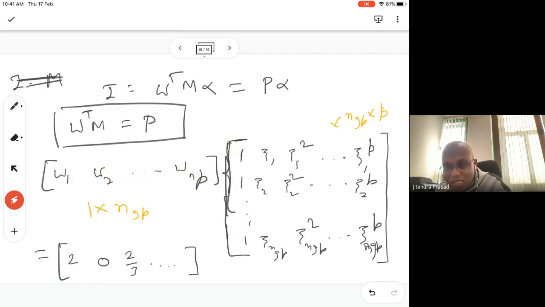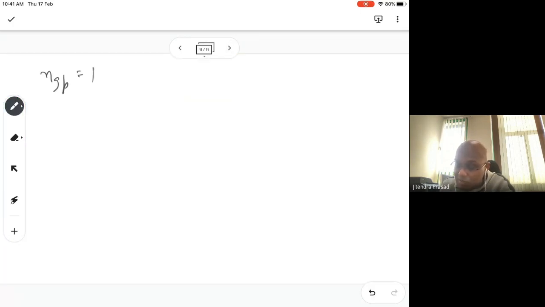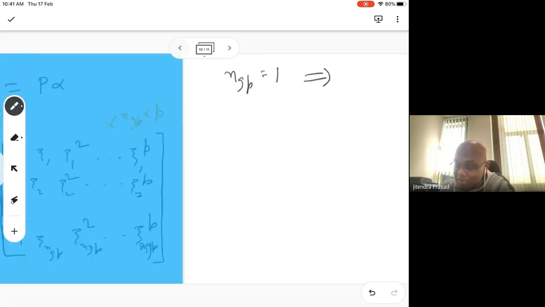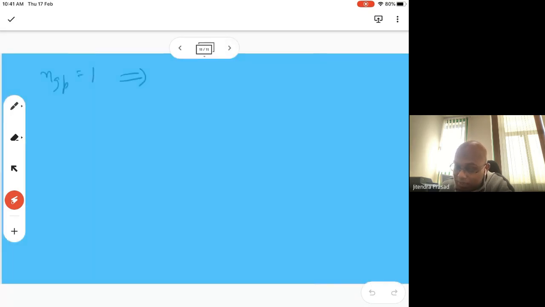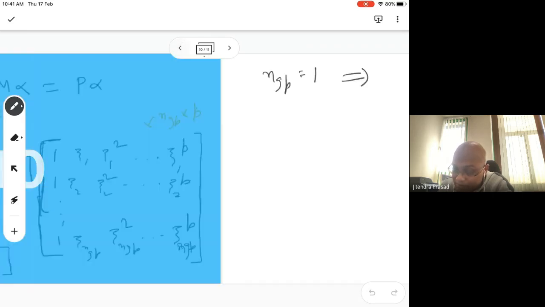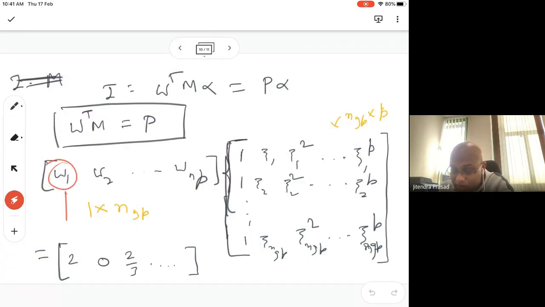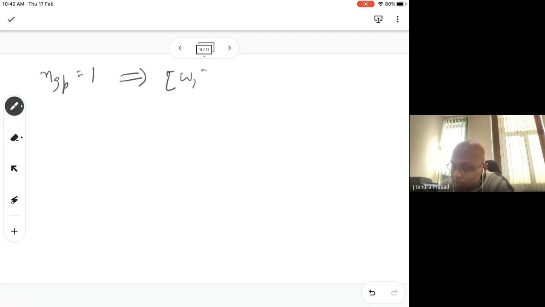In order to find out exact integration, if ngp is equal to 1, then what happens? This matrix converts to W1 only, because we have only one weight, only one integration point. So we write here W1.